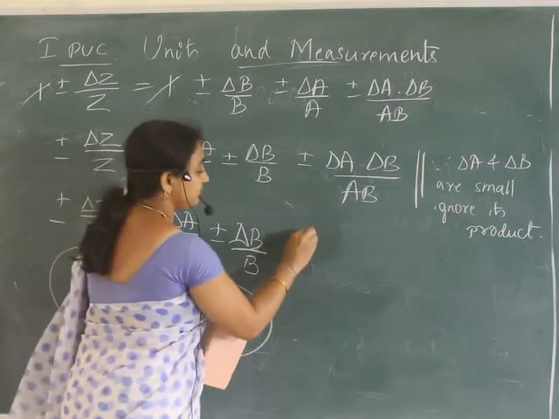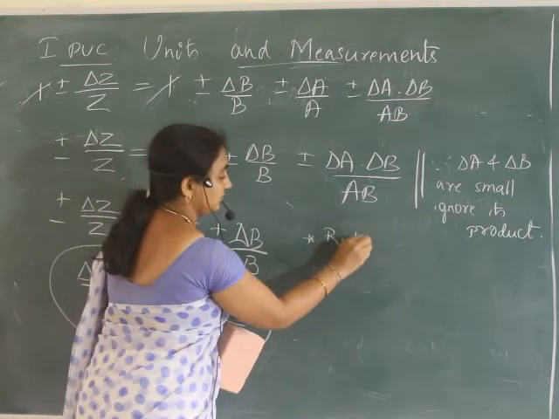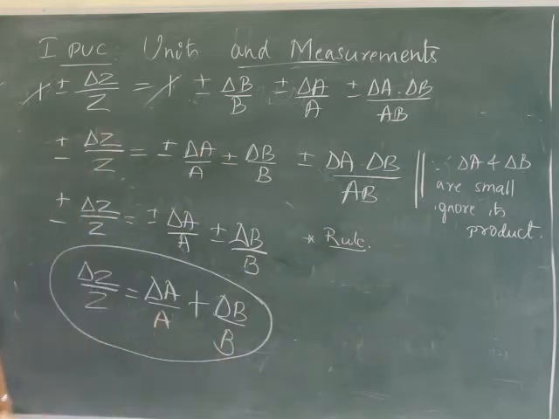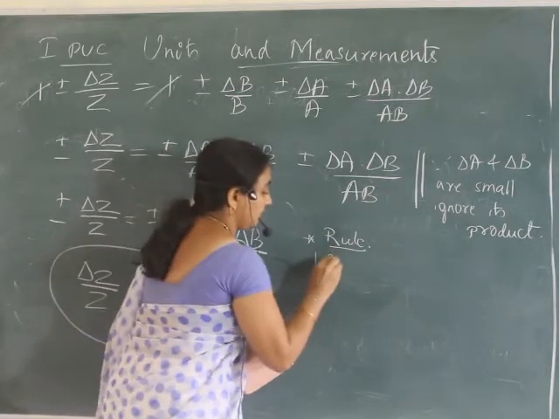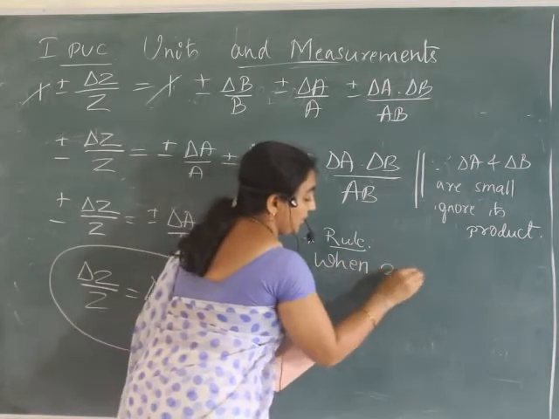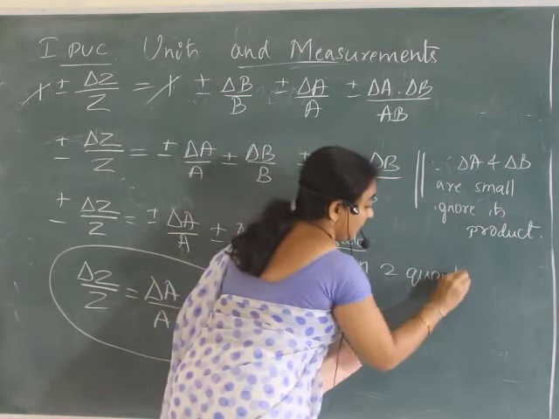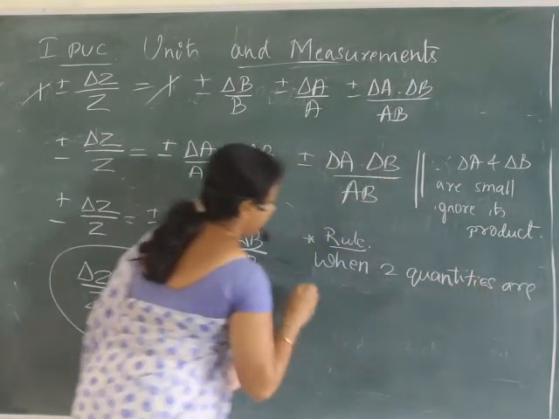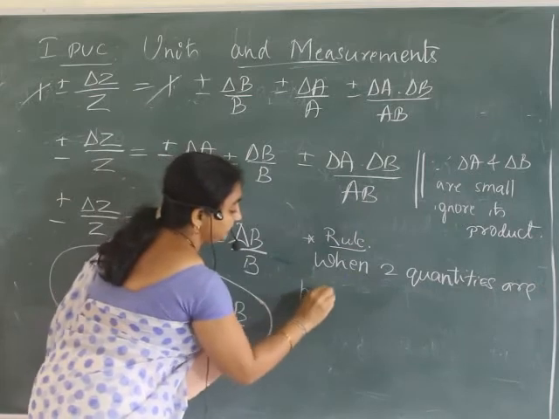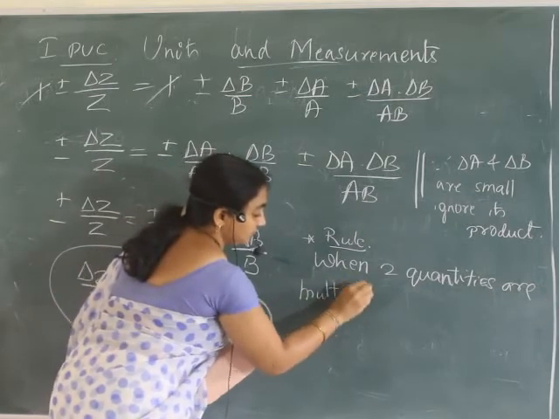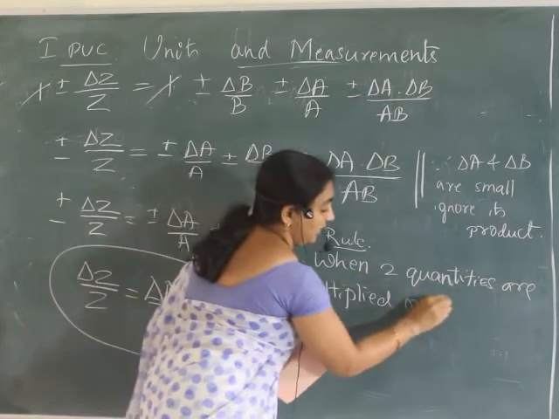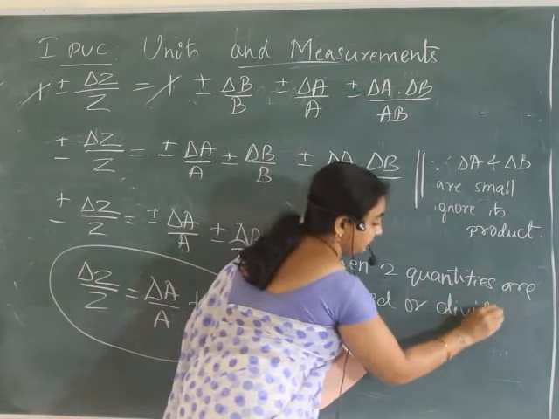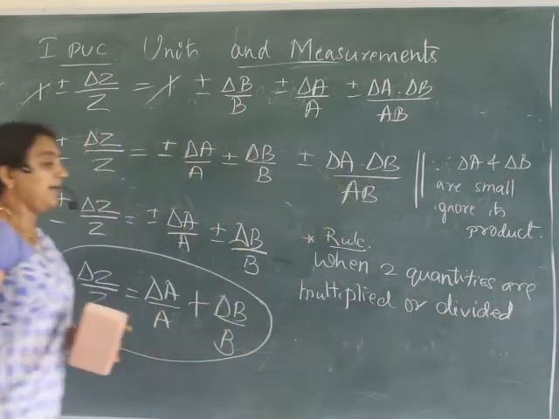Okay, will you write one note? Rule. Write down the rule. When two quantities are multiplied or divided, what happens?